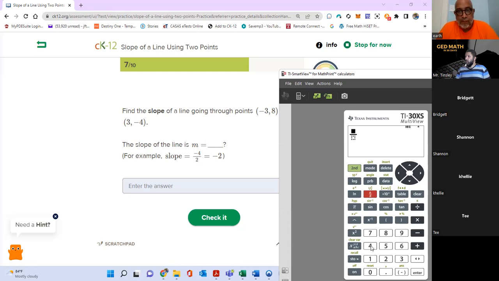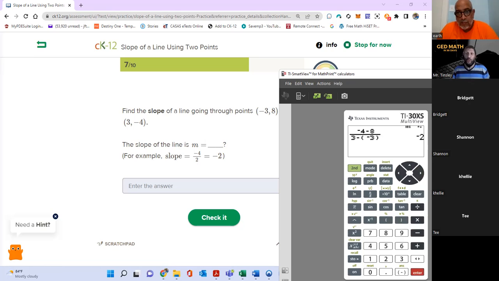Second, -4. The reason why I use the negative next to enter is because my y2 is a negative. It begins with a negative, so I must use the negative next to enter. -4 minus 8 over x2, 3 minus a -3, in parentheses, -3. And press enter, and I get my -2.